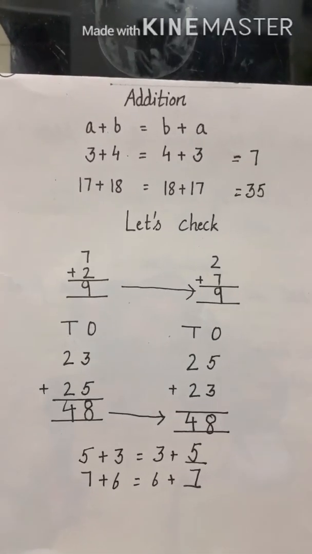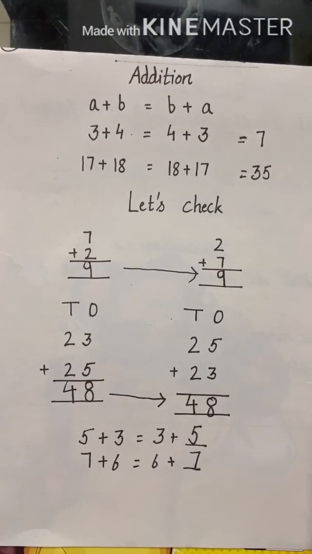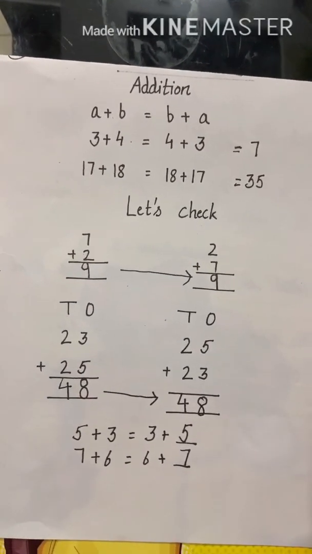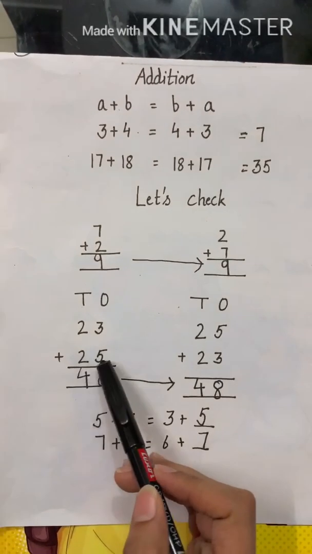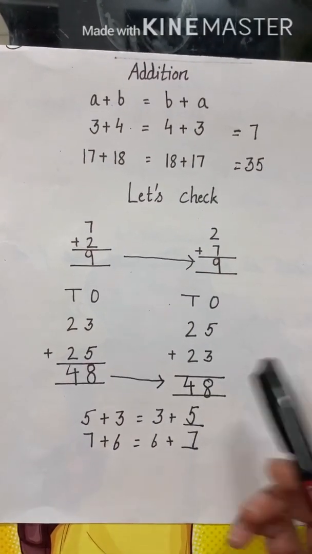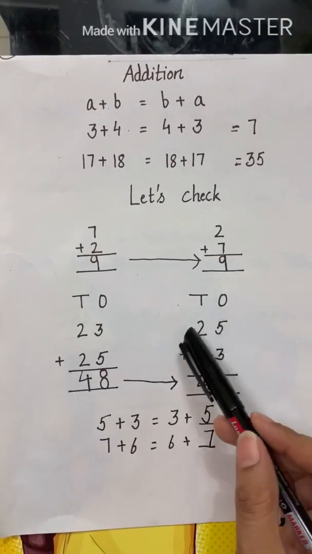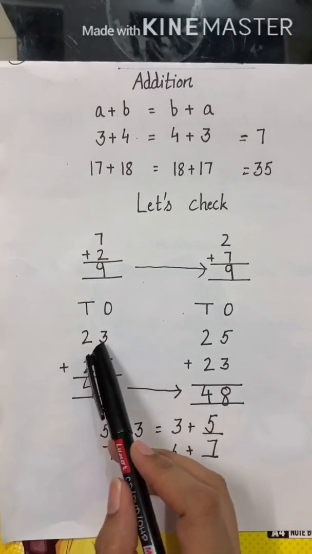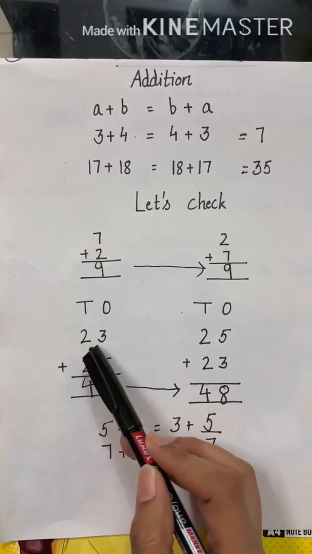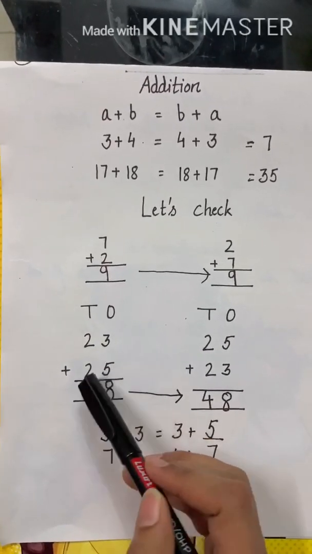So I hope you are clear with this, that in addition, if we change the places, I'm repeating again, that does not mean I can write 5 here, 2 here. That will be a different number. We are not changing the number. We are just placing the numbers in other ways. We are not free to write 3 anywhere else, right? If the number is 23, I will write 23 only. I can't make it 32. I can't make it 52.